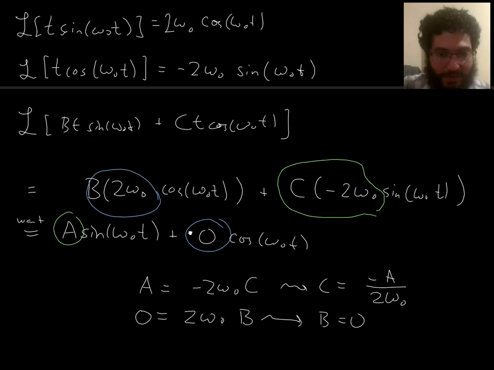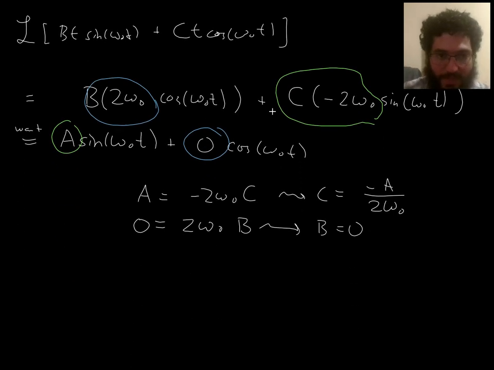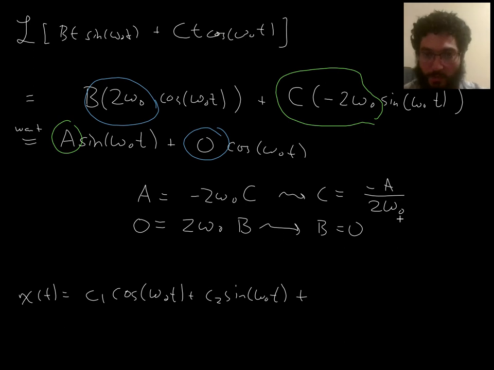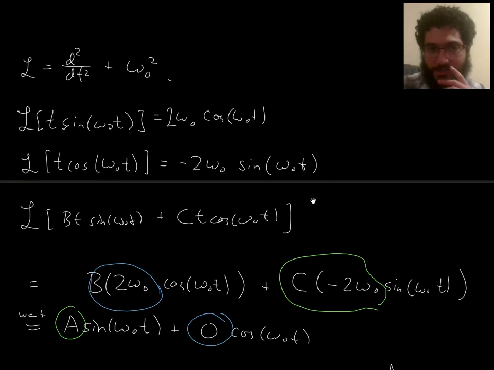All right, so we've got our final solution. The general solution will be x of t equals c1 cosine omega naught t plus c2 sine omega naught t, just like before, plus the particular solution, which is c. So this is kind of interesting.